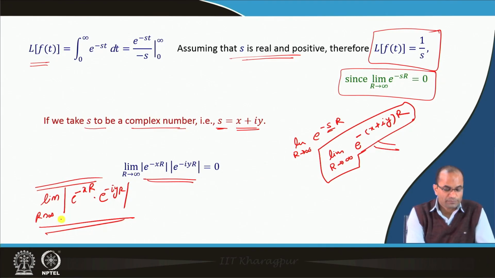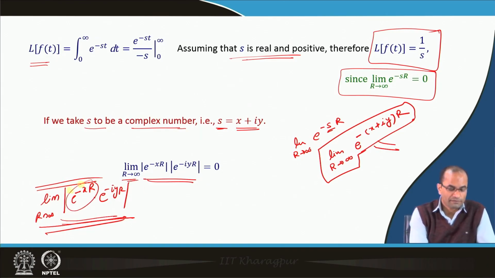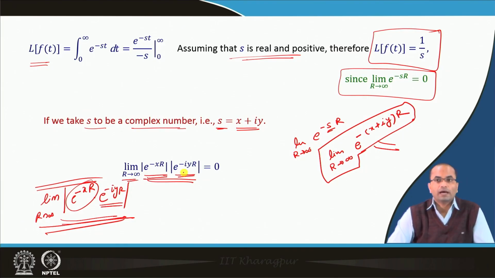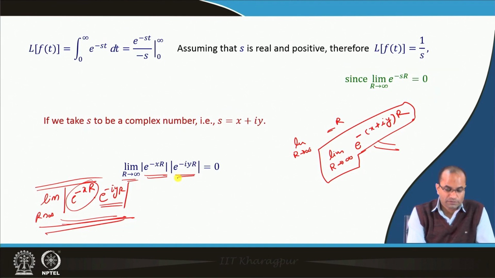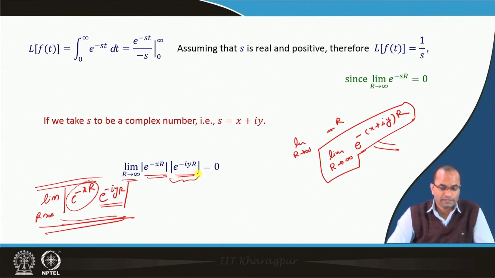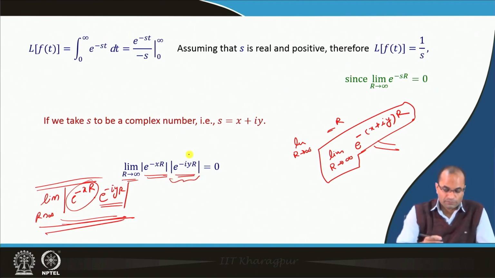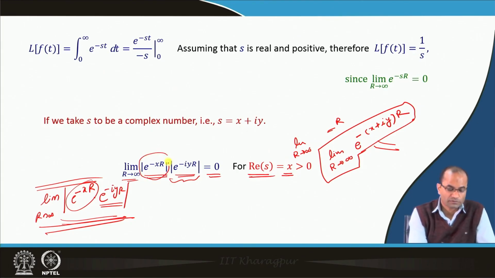So, let us see what happens to this limit, limit r to infinity, then we have e power minus x r, and then the absolute value of e power i y r. Getting back to this absolute value of i y r, the first term will go to 0 if the real part of s, which is x, is greater than 0, especially because of this term.